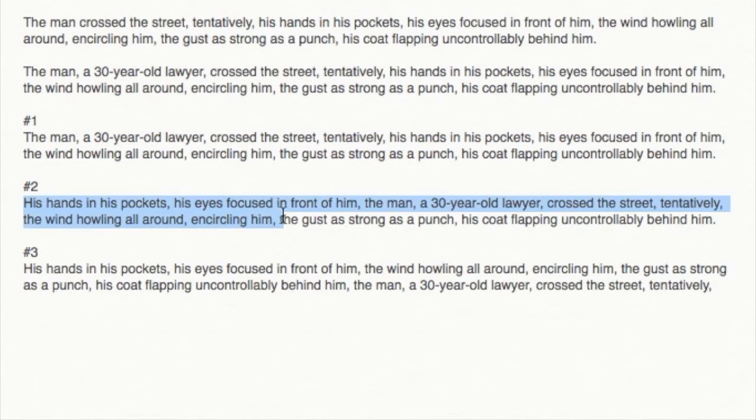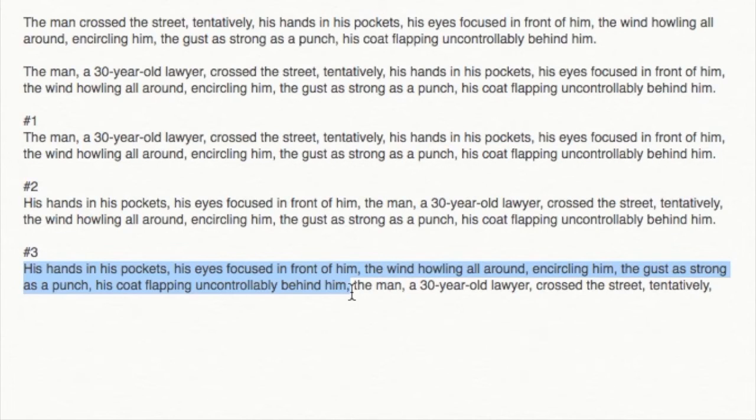Now the second one we have is known as the medial position because the base clause is surrounded on either side by modifiers. And lastly, if the base clause is the final one, it is, as you can guess, in the final position, also known as left branching, because the phrases come to the left.